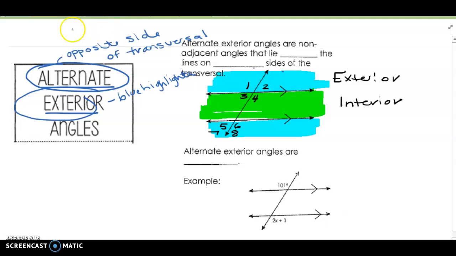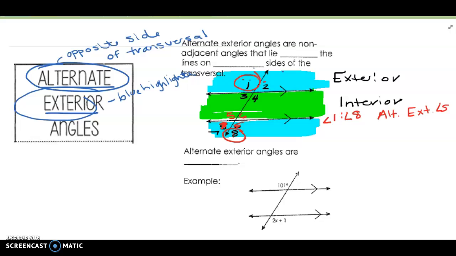So I want two angles that are both opposite sides of the transversal, and they're on the exterior of the two parallel lines. So if I look here, notice angle 1, oops guys, sorry, 5 and 6 should be here. 5, 6, 7, 8's down here. Angle 1 is on the left of the transversal. Angle 8 is on the right of the transversal, and both are in the exterior. Okay, so I can say angle 1 and angle 8 are alternate exterior angles.